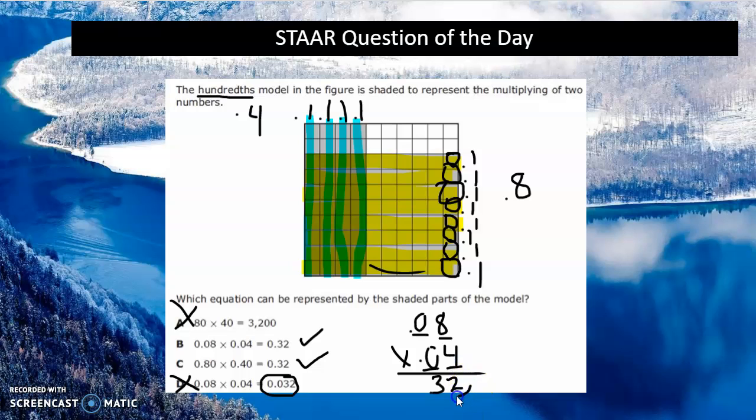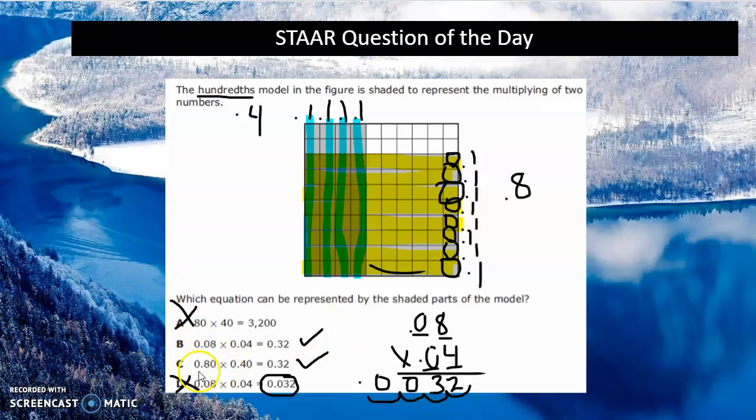So we would go 1, 2, 3, 4. What would I need to put here? Zeros. So 800 times 400 is actually 32 10,000s. So, not what we are looking for, is it?